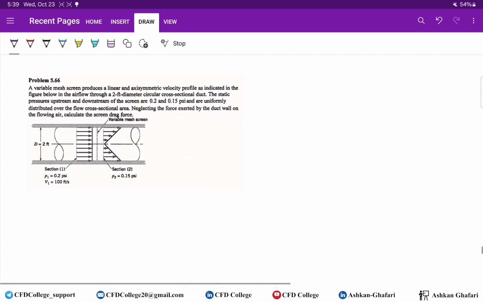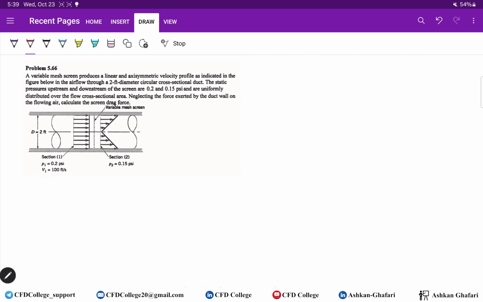Let's jump to the next problem, number 66. Here we have a variable mesh screen that produces a linear and axisymmetric velocity profile.